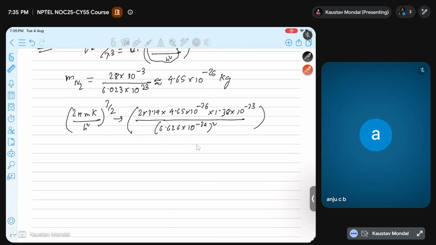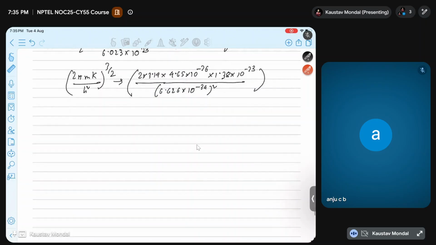If you calculate this, the numerator gives around 4.03 into 10 to the power minus 48, and the denominator gives 4.39 into 10 to the power minus 67.